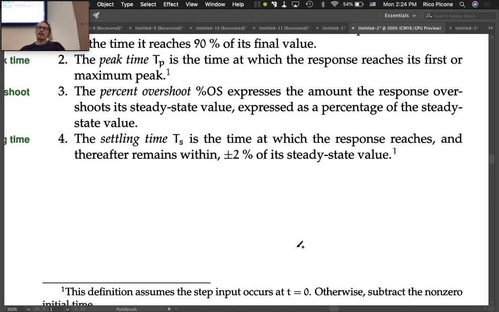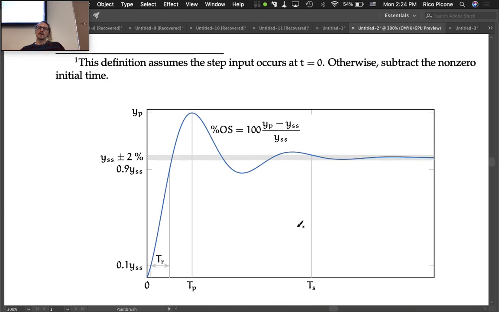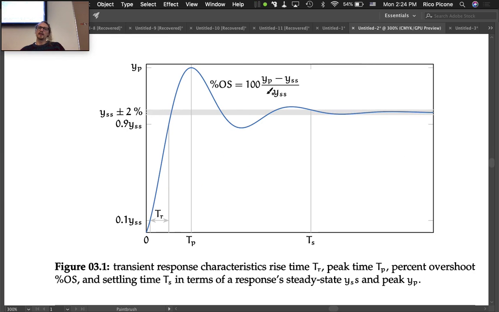It expresses the amount the response overshoots its steady state value, expressed as a percentage of the steady state value. So this is the formula. We take the YP, which is going to be the peak here.